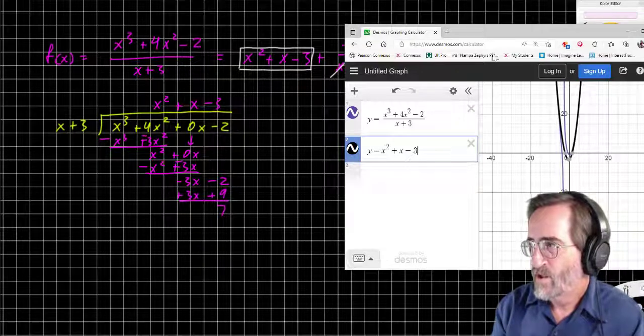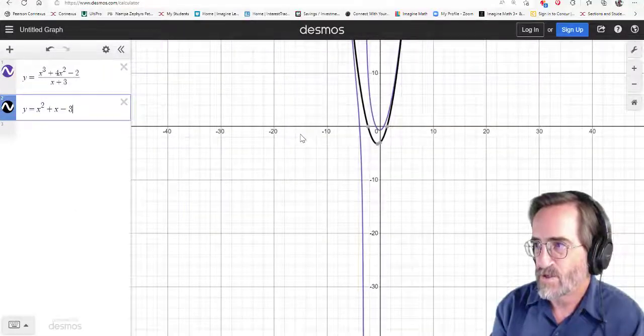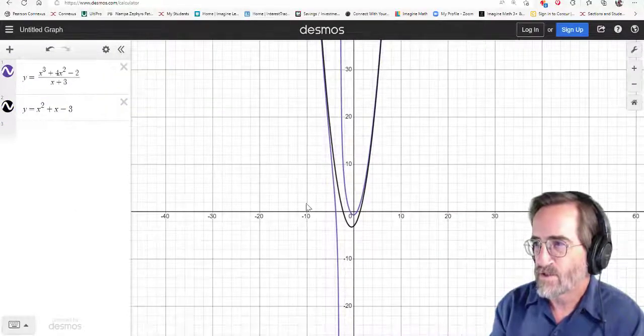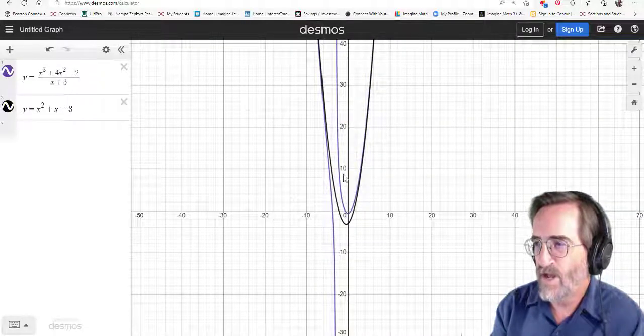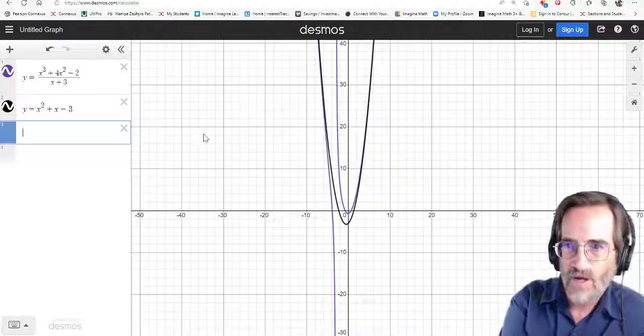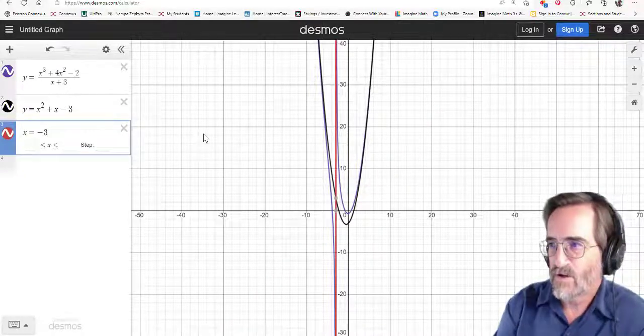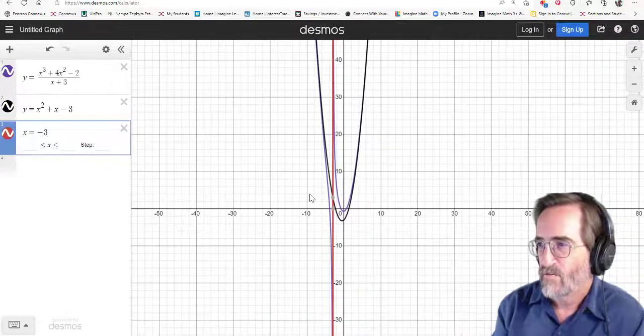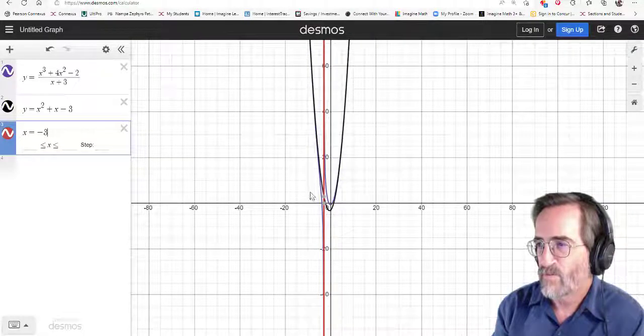The purple is the original function. Notice there's this asymptote at negative 3. In fact, if I graph x equals negative 3, there's the asymptote right there. But other than that, the purple behaves like the black.